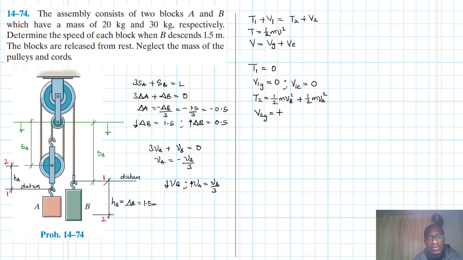So we say WB times HB. And for A, datum is down, it's going up, therefore positive. So we say plus WA HA. Then V2E is also equal to 0. We don't have anything, right?